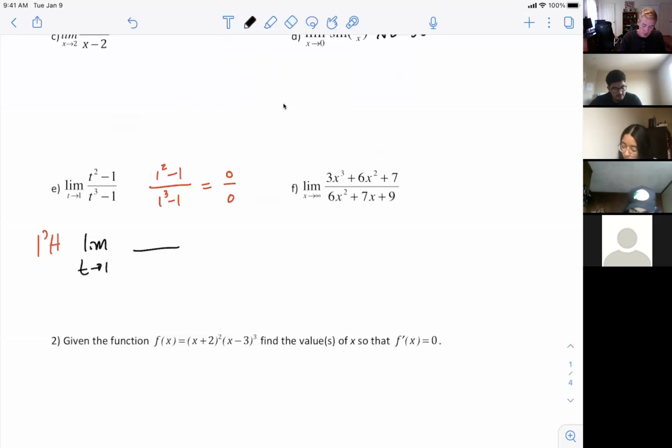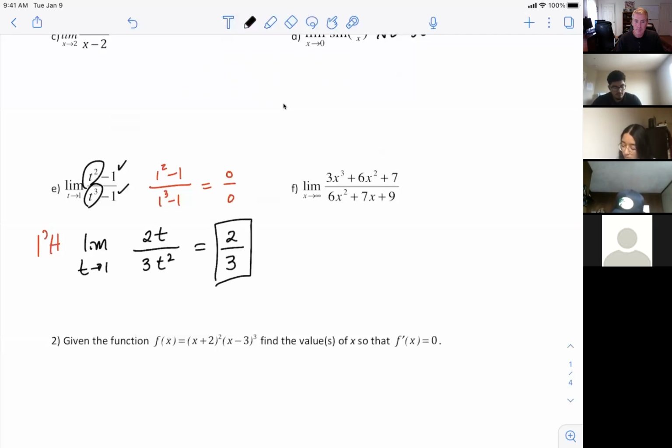On the top, the derivative of t squared will be 2t, and the derivative of the negative 1 is 0. On the bottom, the derivative is 3t squared. Now you could plug in the 1, and it would be 2 times 1 on the top and 3 times 1 squared on the bottom. So the answer would be 2/3.